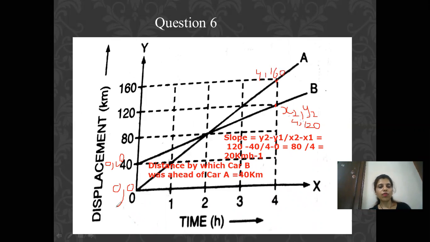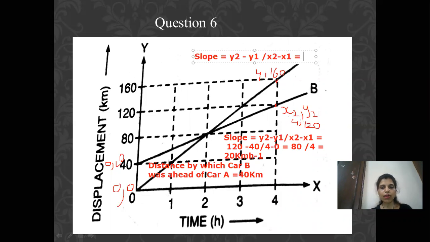Okay. So now when I'm finding the slope, I'll be using the formula y2 minus y1 upon x2 minus x1.